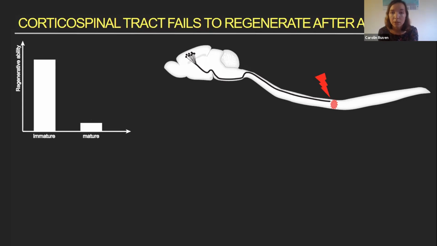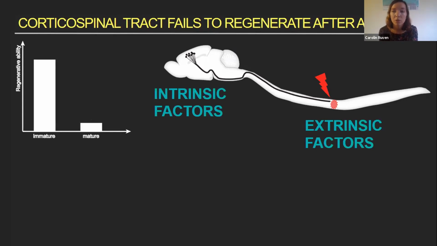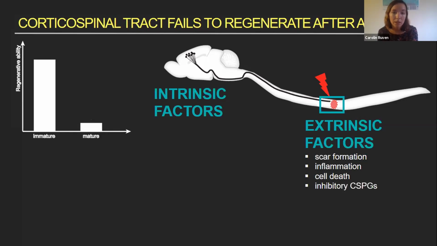They found that in adulthood, a combination of extrinsic and intrinsic factors is responsible for the regeneration failure. Extrinsic factors are at the injury site and are mainly inhibitory for axonal growth. These are, for example, glial scar formation, inflammation, cell death, inhibitory proteoglycans, and myelin-associated inhibitors.